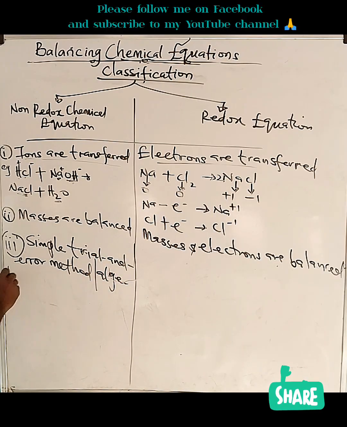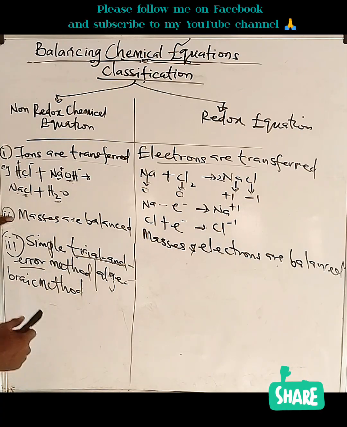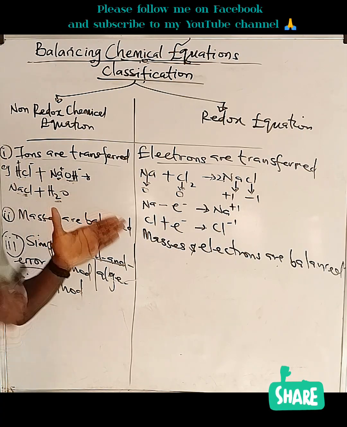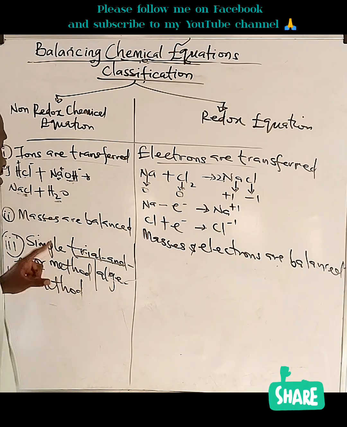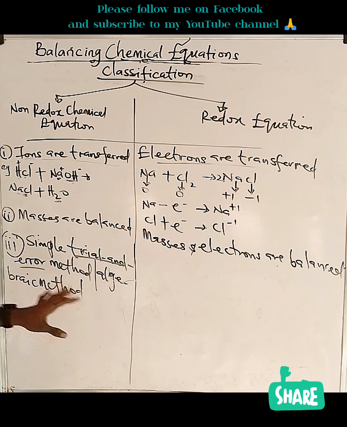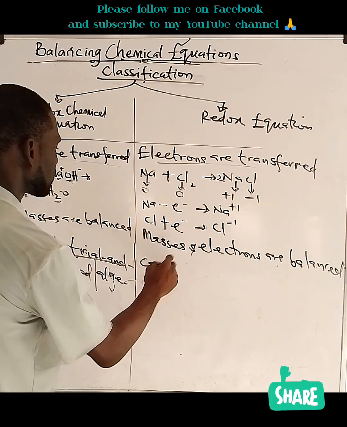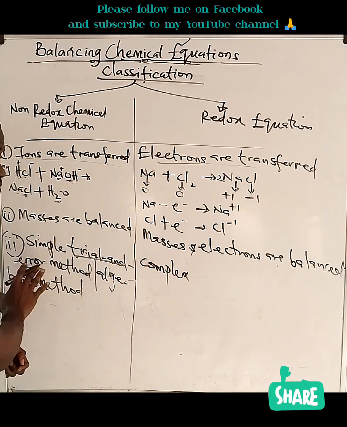With the trial and error method, we're going to be assuming different coefficients and adding some to the reactant side and some to the product side. So that's a simple trial and error method. Or we use the very best method known as the algebraic method. We're going to be seeing that in our next lesson. And for redox equations, it is complex, because this is simple, this is complex.